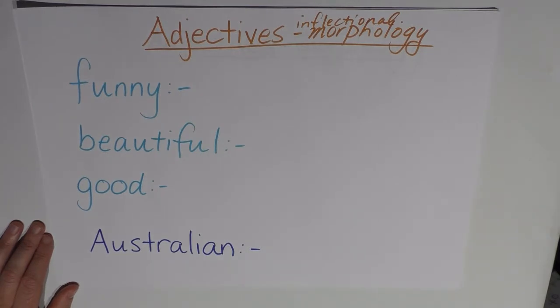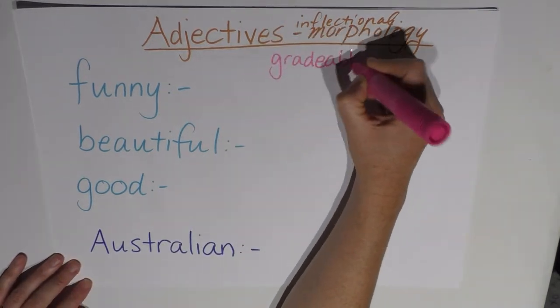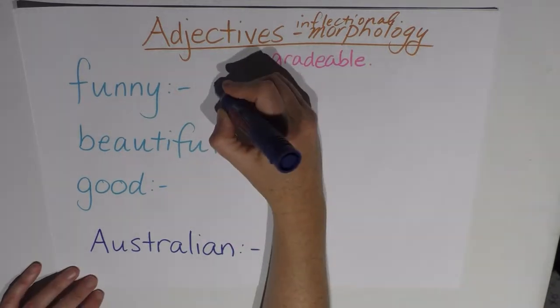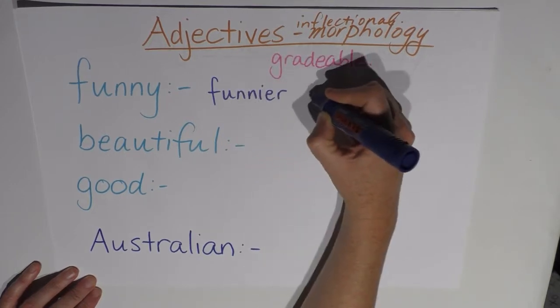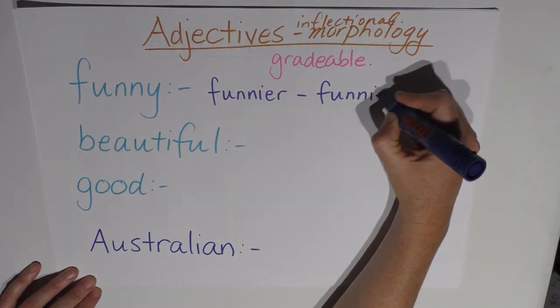The first important part of inflectional morphology is that adjectives are gradable. So what do I mean by that? Well, let's have a look here. Funny can be funnier and the funniest. So it's gradually getting more and more funny, really, and that means that it's gradable.